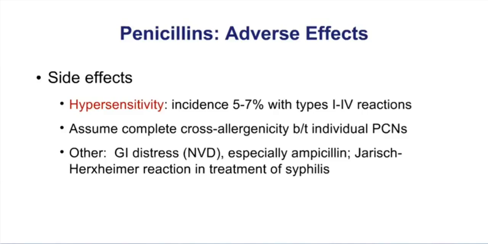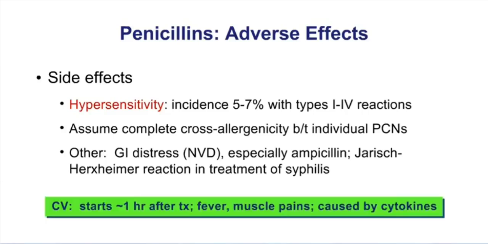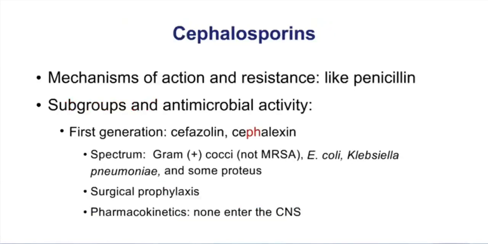The Jarisch-Herxheimer reaction in the treatment of syphilis is basically a reaction that occurs due to the dying organisms. My clinical vignette reminds us that this starts about an hour after you begin treatment with benzathine pen-G. The patient experiences fever and muscle pains, and it's caused by cytokine release, but ultimately it's the reaction to the dying organism.